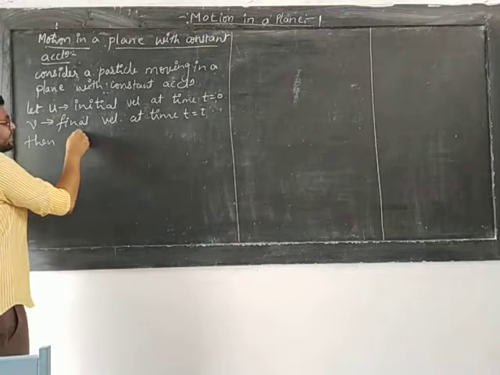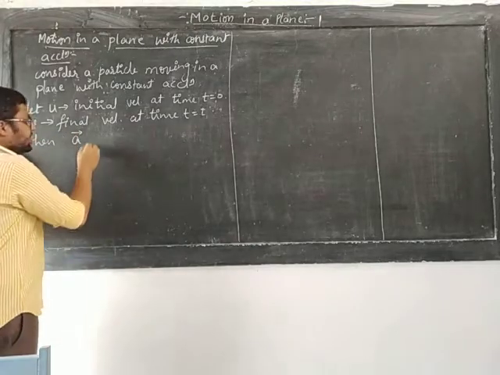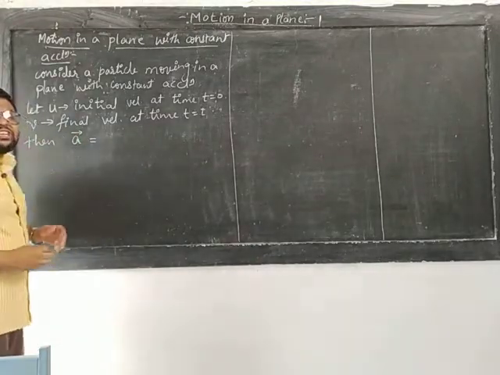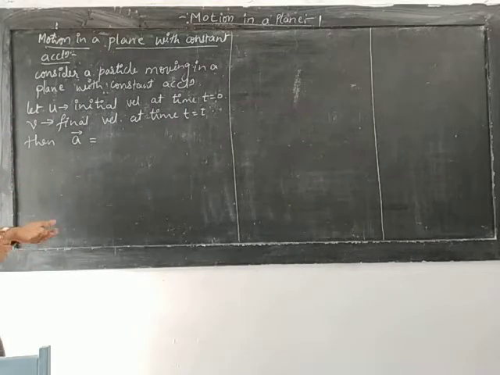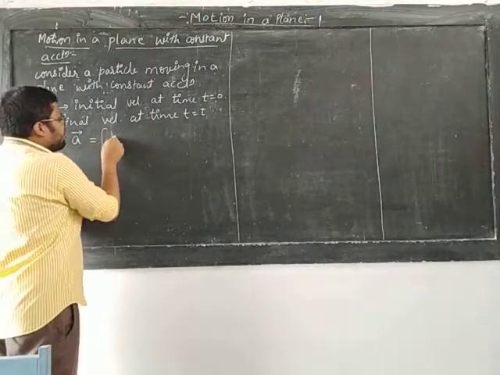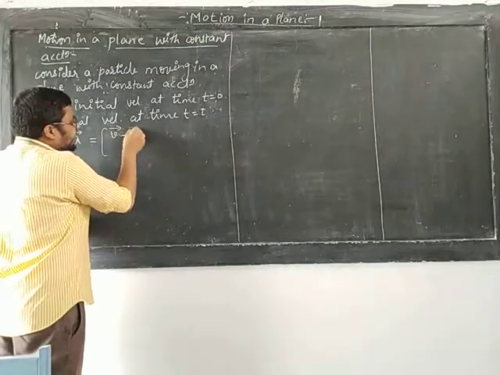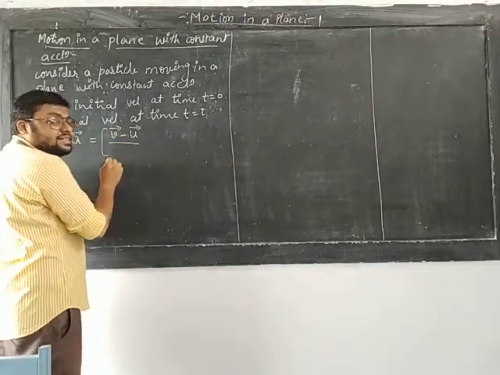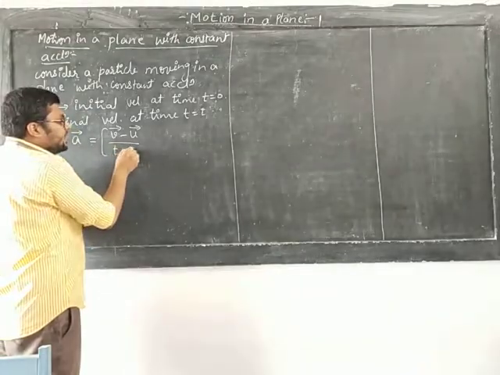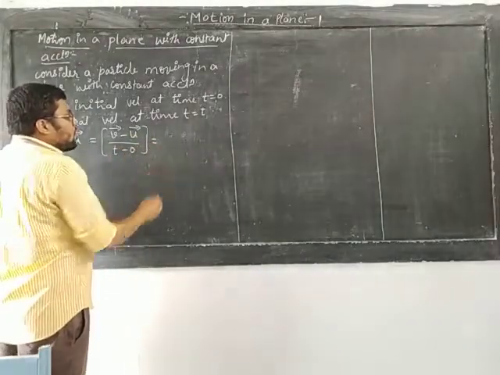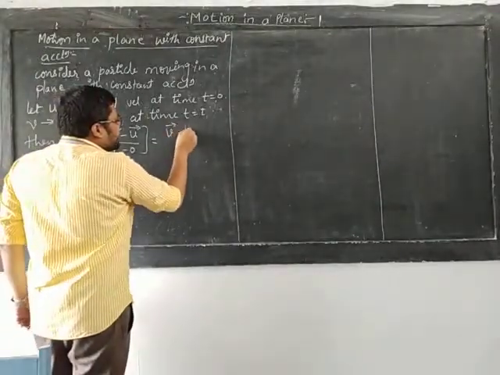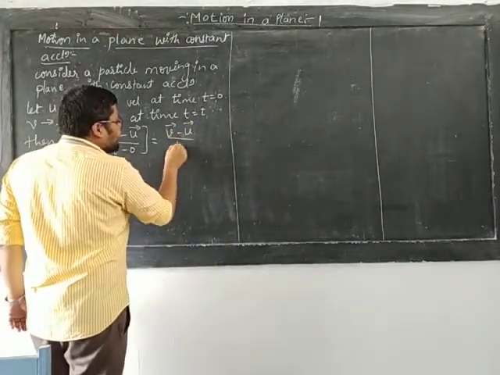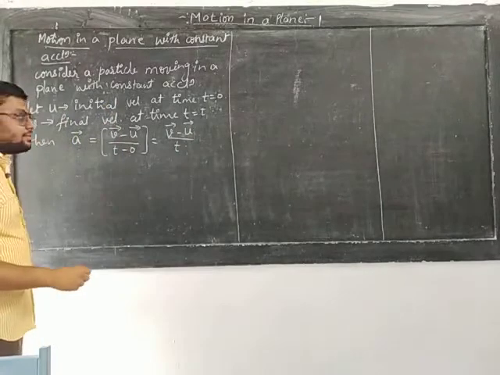Then we can write the acceleration vector: acceleration is nothing but the rate of change of velocity with respect to time. So the final velocity minus the initial velocity vector, divided by the interval t minus 0, which is nothing but (v minus u) divided by t. Is it clear?